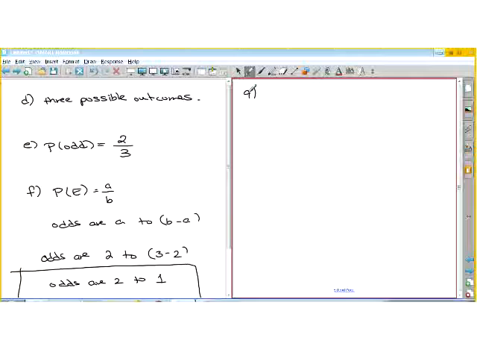Okay, number 9. So we have an urn, which is just a jar. Ann Kelly randomly chooses a single ball from the urn shown here. Find the odds against each event. So we have red, yellow, and blue.